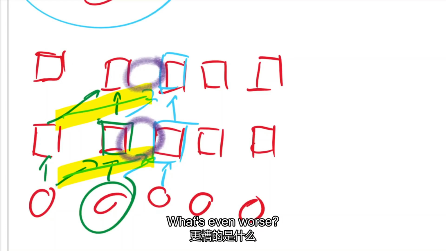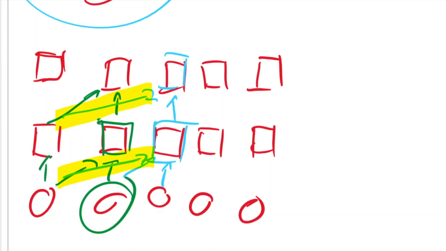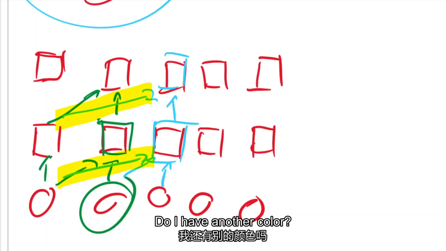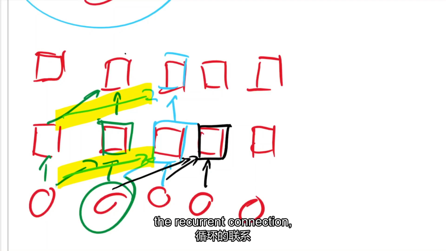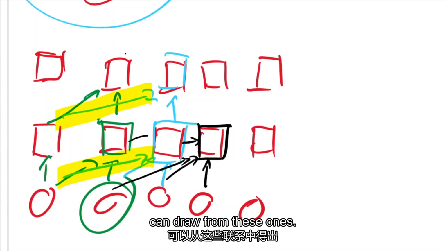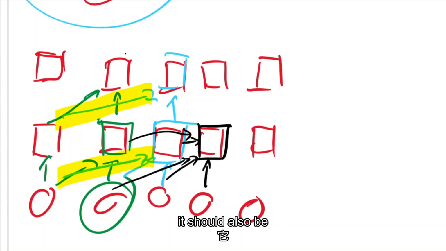What's even worse, what's missing in both of them is connections such as the following. This connection, so if you look at this thing right here, it can draw from here, it can draw from here. And if we have the recurrent connection, we can maybe also say it can draw from these ones. But technically, it should also be able to draw from this one, right?